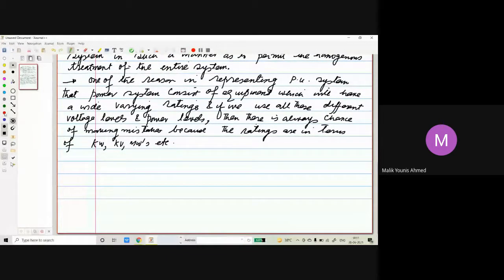Before the advantages, we need to go into the objectives or aims of the power system. I should have written that first. Objectives of power system. So what are the objectives of power system?